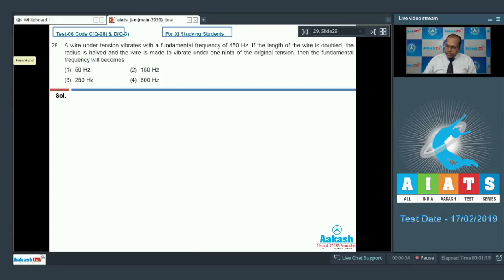So we know that in the case of the stretched string, the fundamental frequency is given by V by 2L, or it is equal to 1 upon 2L into under root T by mu, where mu can be written as density into cross-sectional area, that is pi r square. So from here we can see that F is proportional to root T upon L into R.